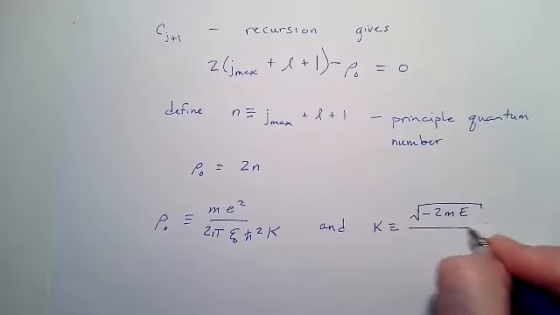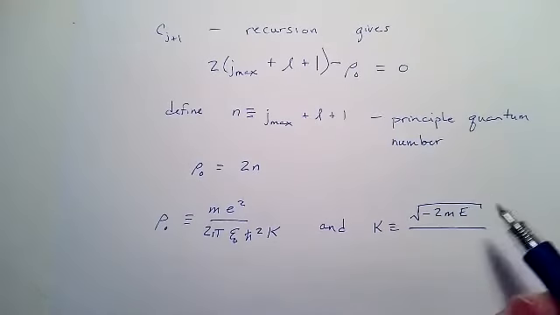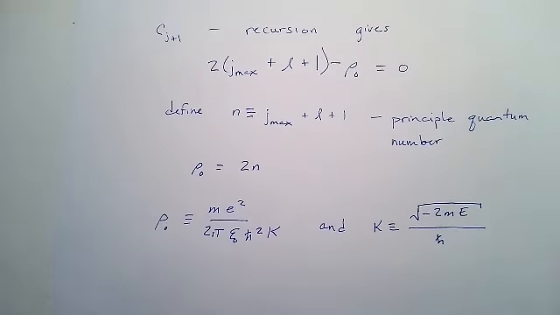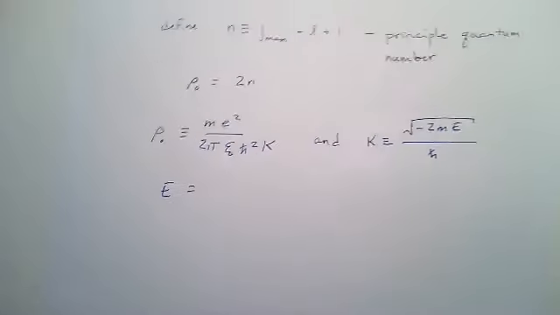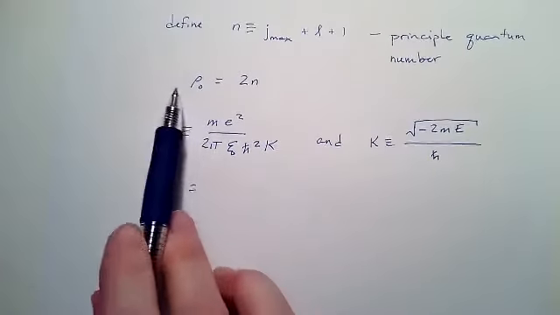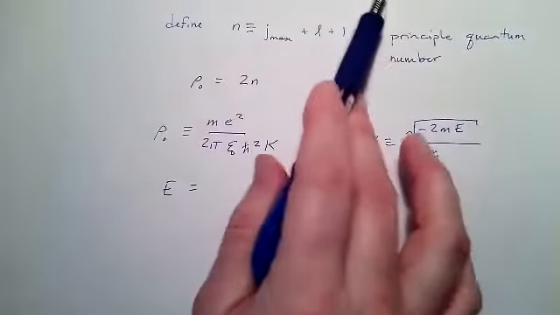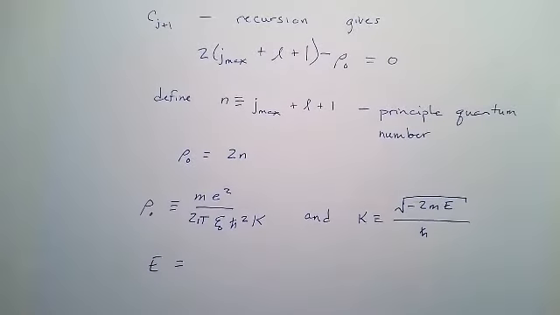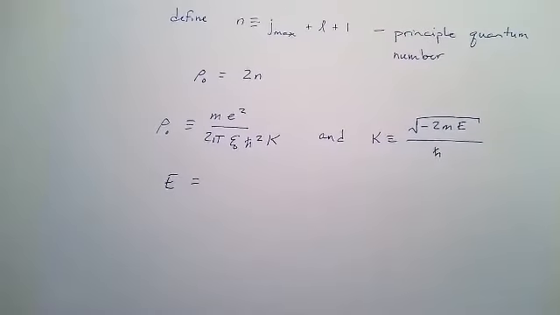So kappa is real because the things under this square root sign are going to be positive. And so kappa has to do with our energies. Okay, so if we do some algebra, we get an expression for our energy using this idea that we have to have a maximum value for our recursion formula to make this behave at the extremes.